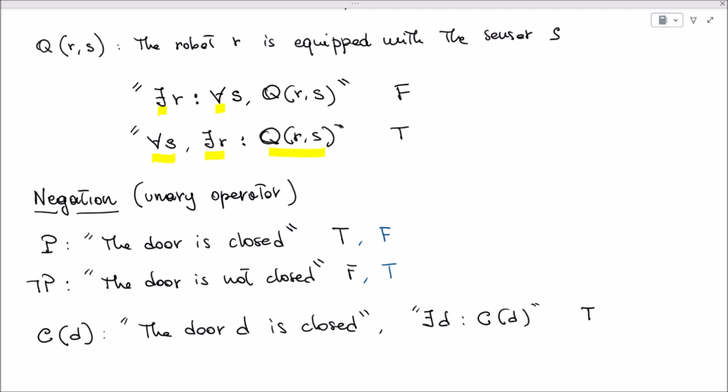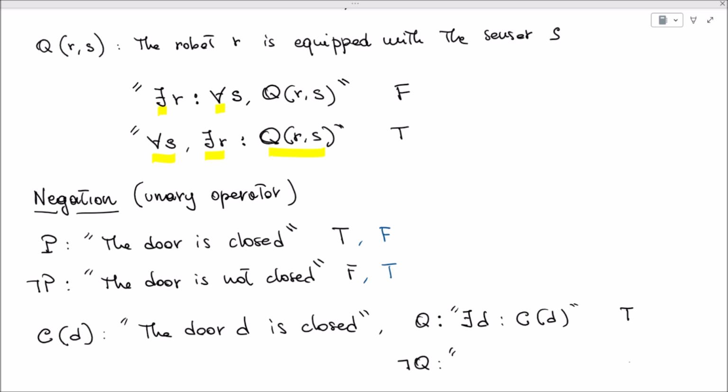Now the problem is, can we build the negation of this proposition? Let's say that we call this new proposition Q. So the problem is, can we build not Q?